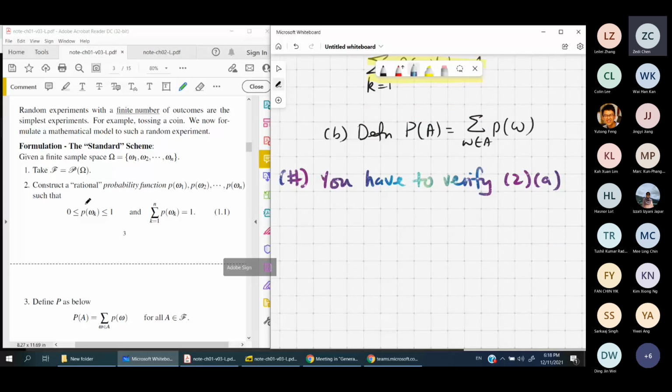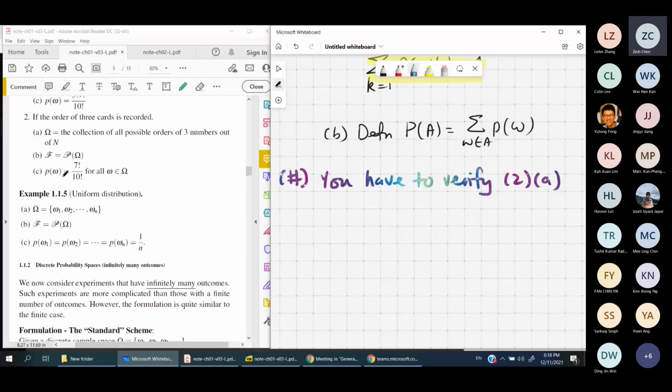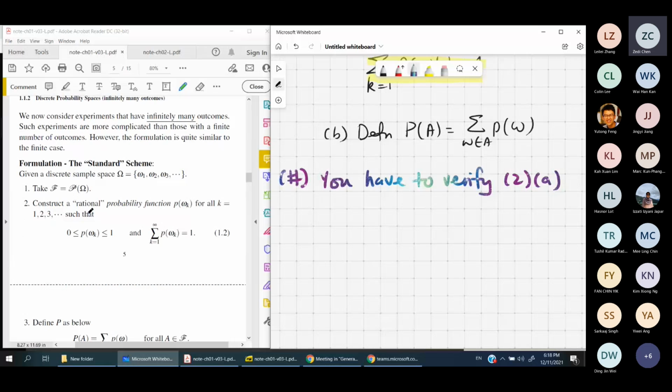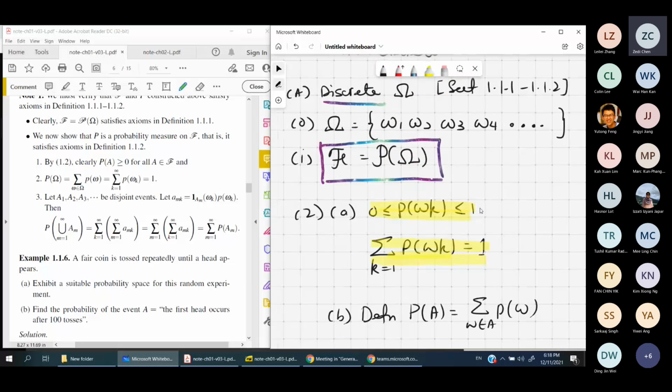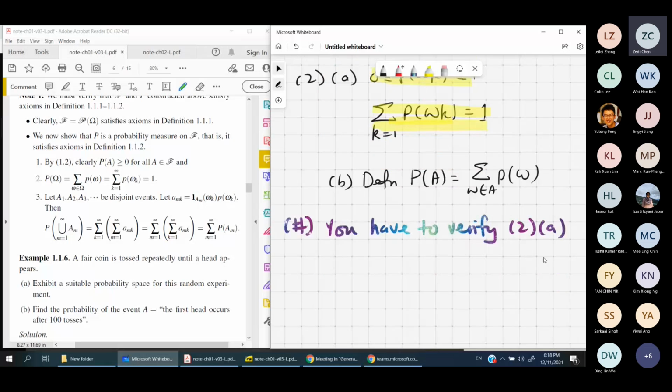I have combined these two cases, this one together with this one, so I put it together. All right, so this is for the discrete case, which is very straightforward. What we need to do is always pick our sigma field to be the power set. So easy.